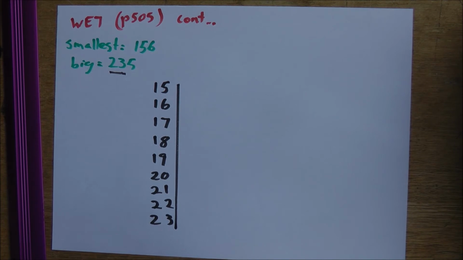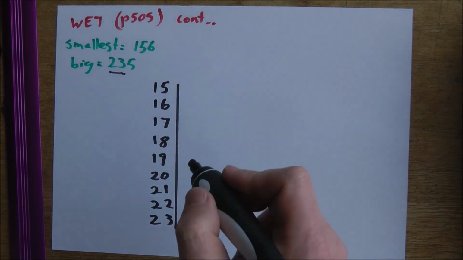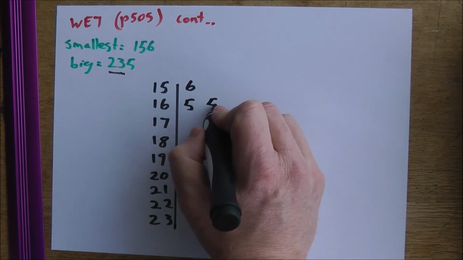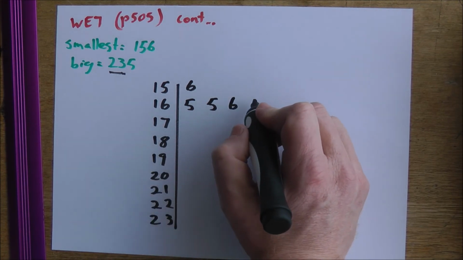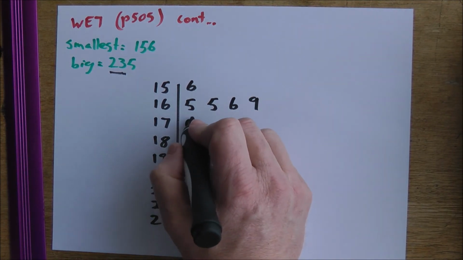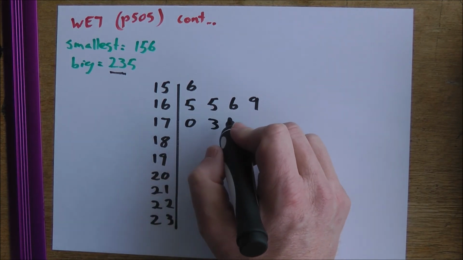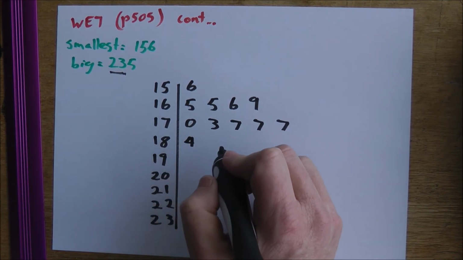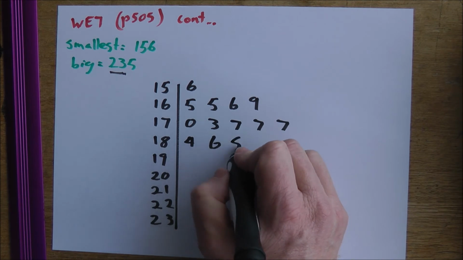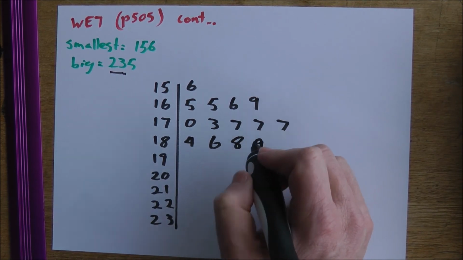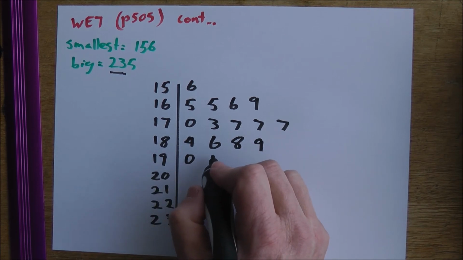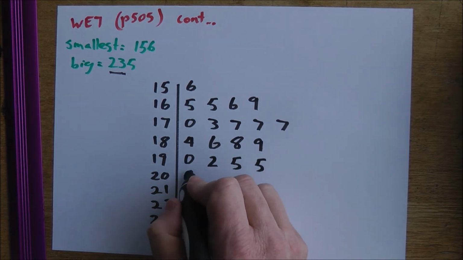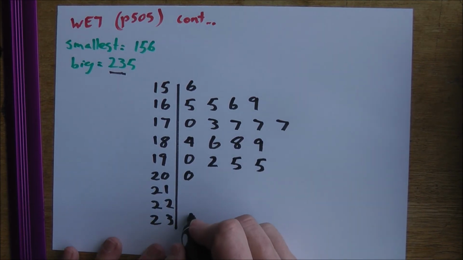So if I have my data from smallest to biggest, my smallest one will be 156. The next one's 165, 165, 166, 169, 170, 173, 177, and there's a few of those, 184, 186, 188 visitors, 189 visitors, 190 visitors, 192 visitors. 195, 199, there was 200 visitors on one day, and on one day we had 235 visitors.